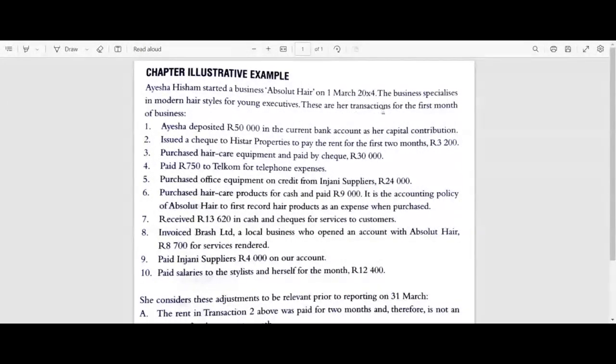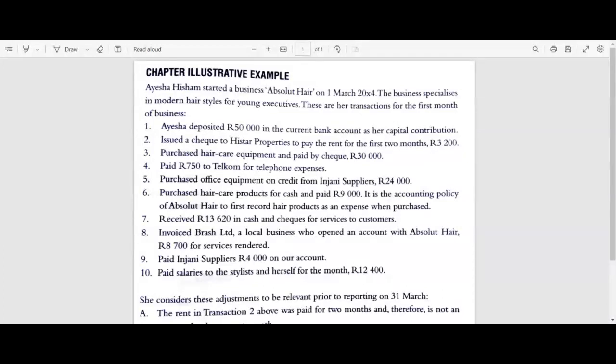These are her transactions for the first month of business. Okay, so that is quite important information for us, ladies and gents. It's the first month of business, so there is no prior history, right? So there are no balances being carried forward from a previous month. Also important is these are the transactions for a month, not for a year.